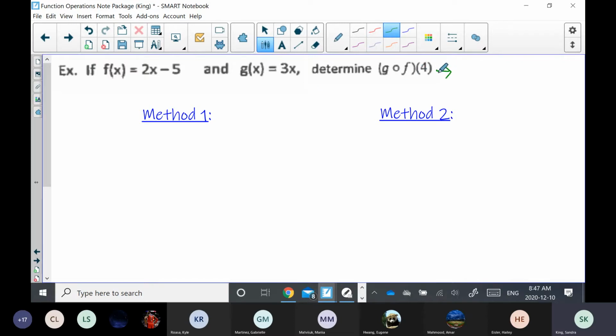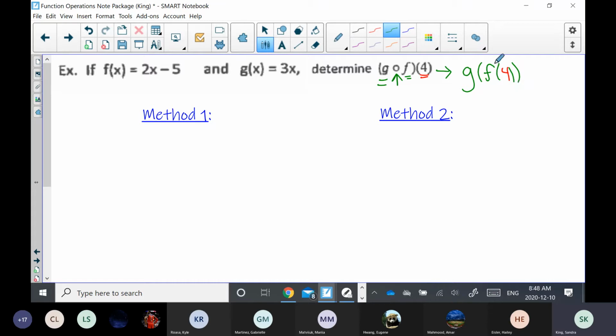Some of you will be totally fine with it like this. Again, like I said, the diploma likes writing it like this. But remember, that open circle tells you that it's a composite function. The outer function is g, and f is the inner function, and what they want me to evaluate is when x is 4. So that's how I write this.